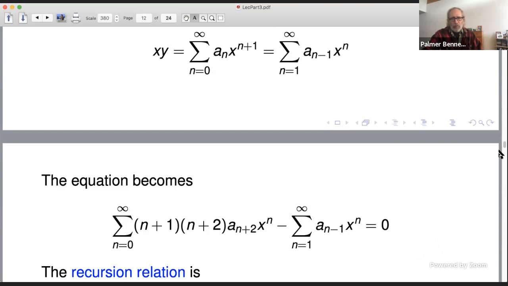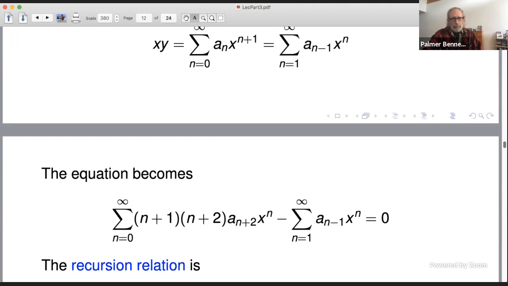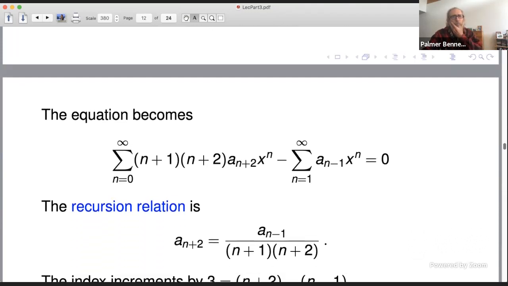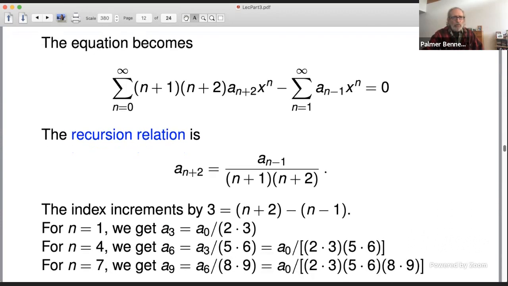Okay, so we get this recursion relation.